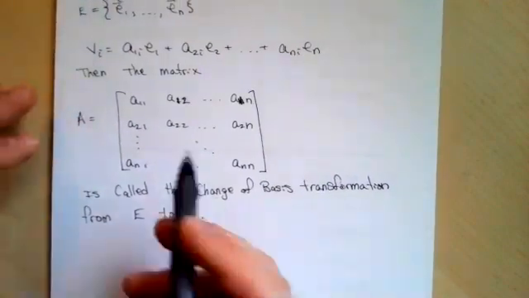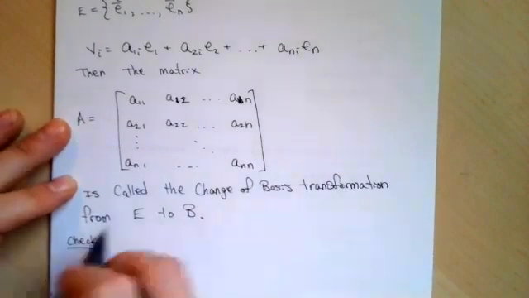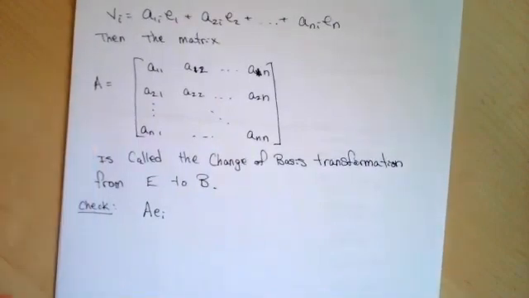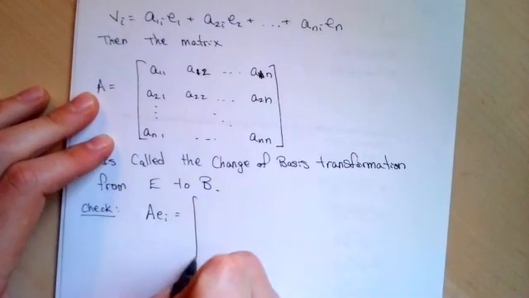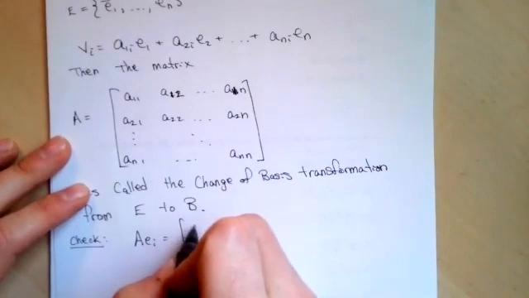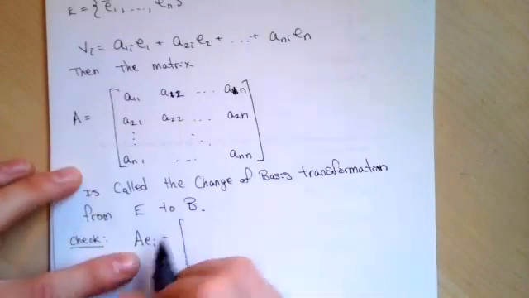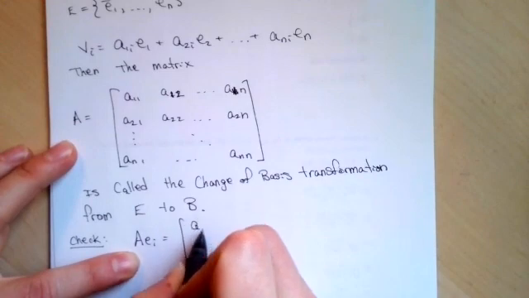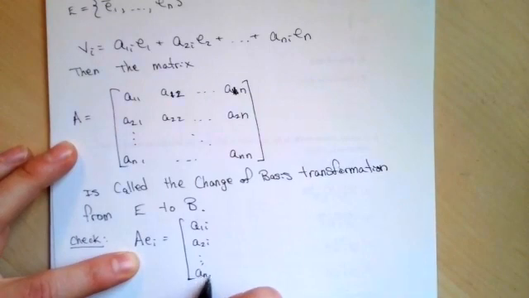And so this kind of defines a linear transformation. And what you can check is that if I act A on any of the standard vectors EI, what are we going to get? We are going to get our column vector associated with that. So our AI is going to be that column: A1I, A2I, and then down to ANI.